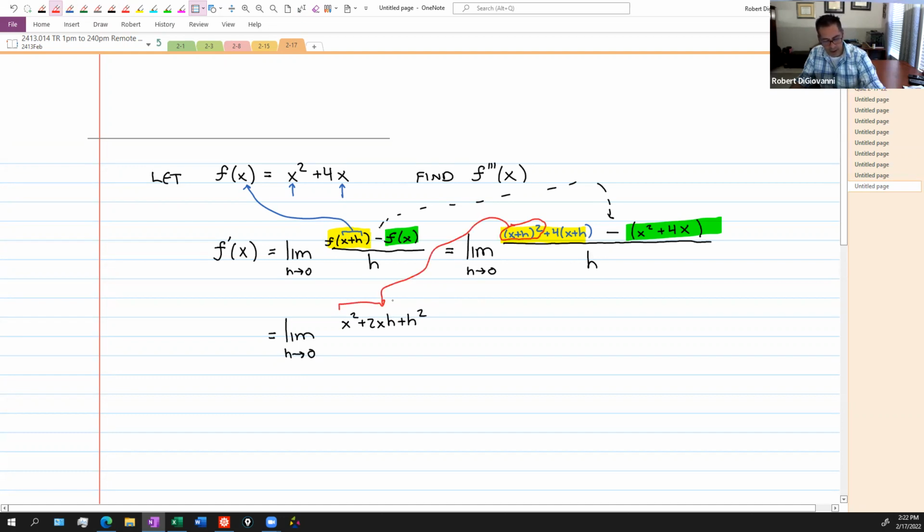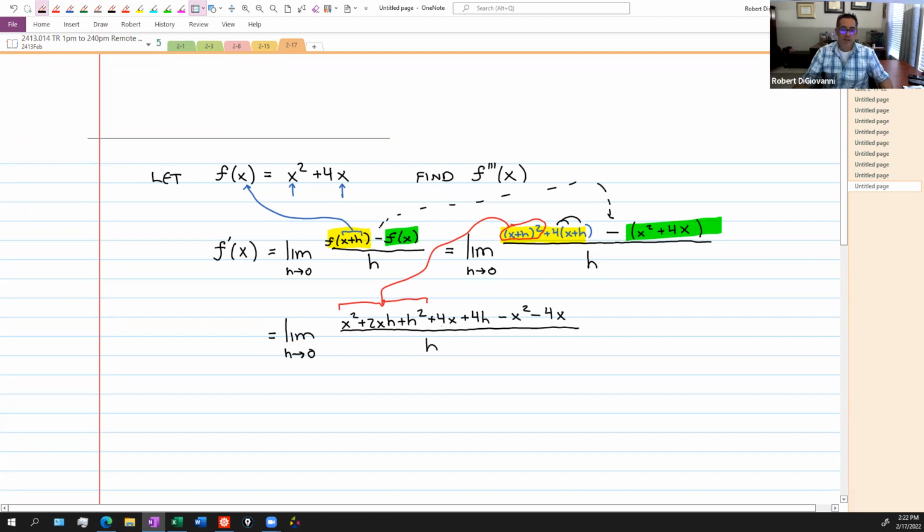I'm assuming you know how to do that on the side, do FOIL, collect like terms. I'm also going to distribute the 4 through, so plus 4x plus 4h. And then I'm going to distribute the negative sign through David's part over here: minus x squared minus 4x. The whole thing over h.